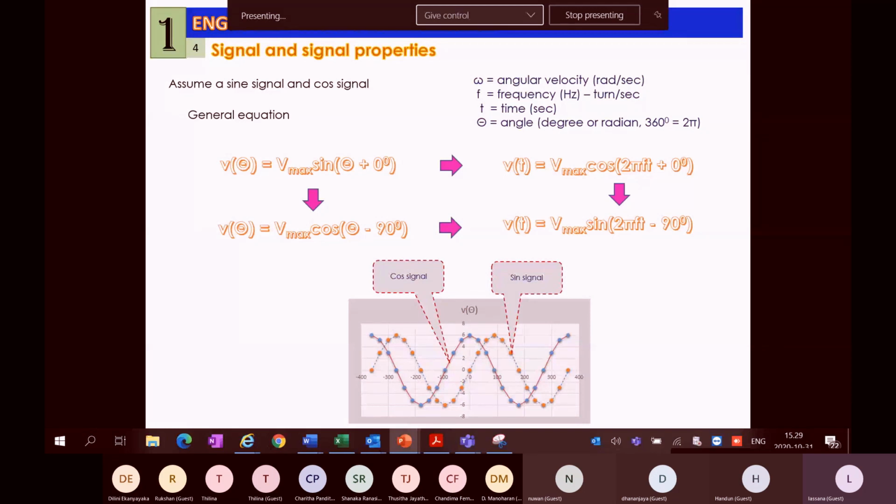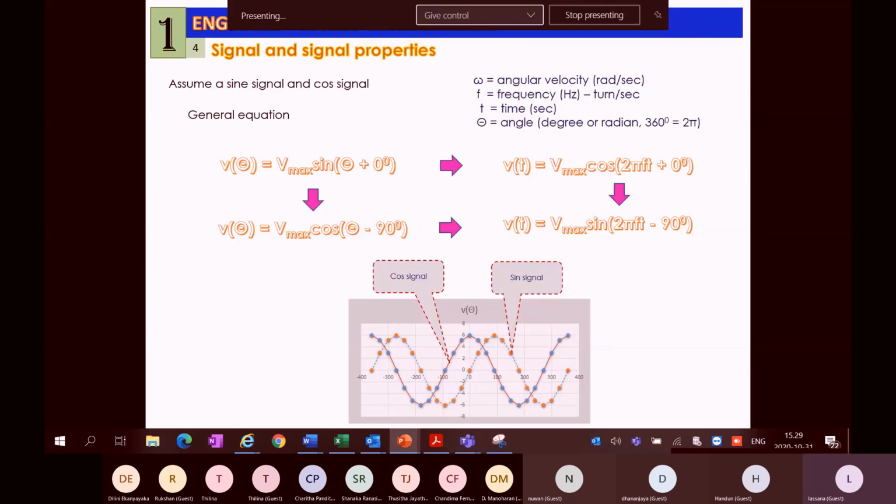There is a very clear relationship between sine and cos. Right? Therefore, based on your preference, you may prefer either sine signals or cos signals. But importantly, both are primary signals. Both are primary signals. Okay? I don't say the sine signal is equal to the cos signal.